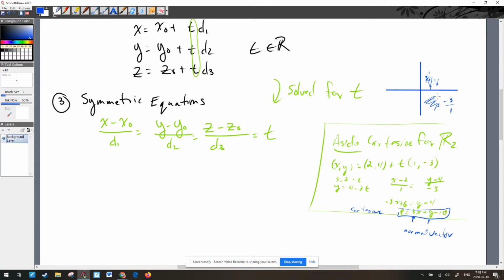To be perpendicular to that, the perpendicular slope is equal to 1/3. And so this is actually the normal vector. So there's my direction vector: 1 comma negative 3.